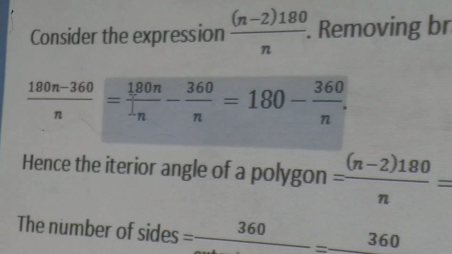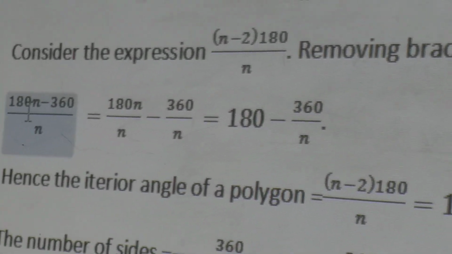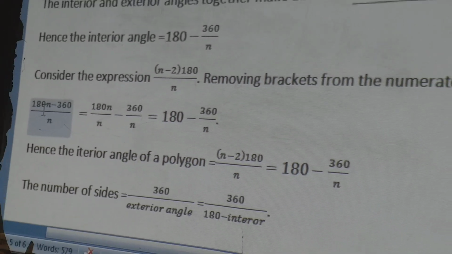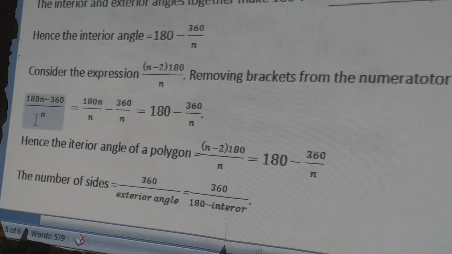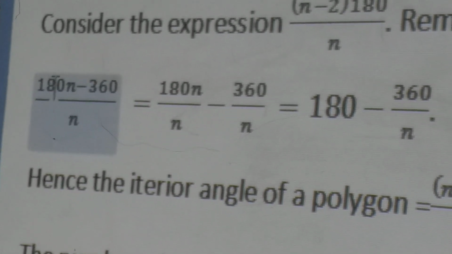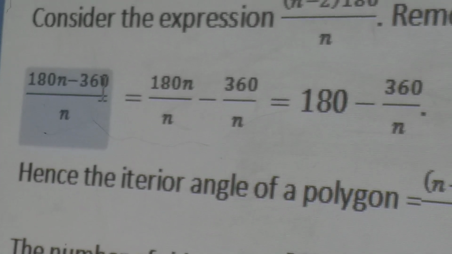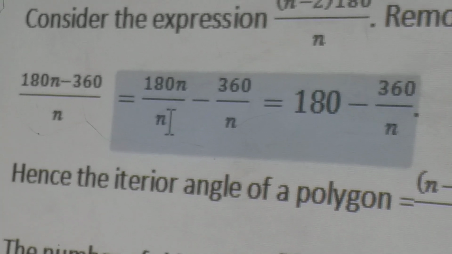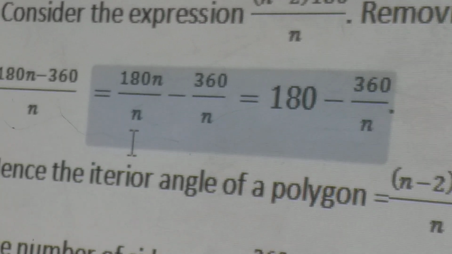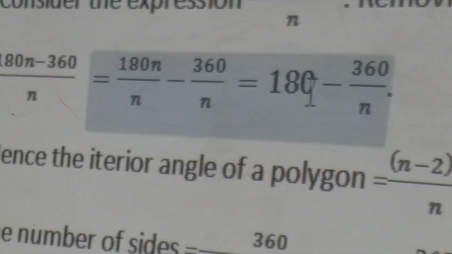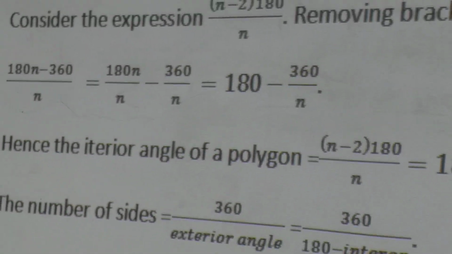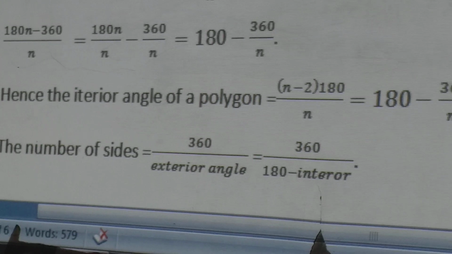Then we express it as partial fractions, separating to come up with more than one fraction. This n is a common denominator, a denominator for 180n and for 360. That gives us 180n over n minus 360 over n. The n and n cancel off. We are left with 180 minus 360 over n, which we said we can get by subtracting the exterior from 180.